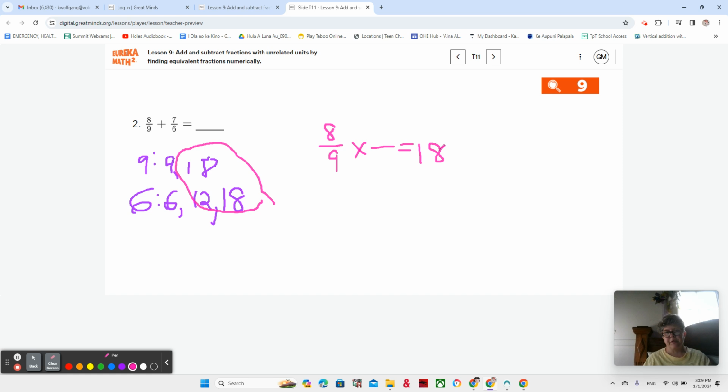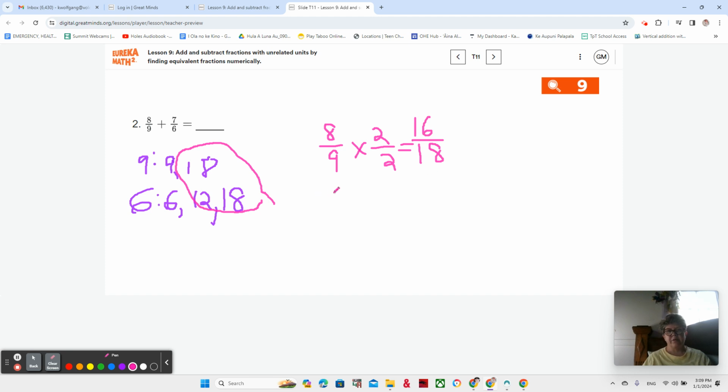We're going to change them both to 18 because they can both be changed to 18, right? Then we can set it up like this. We can say 9 times something is going to be 18, and 9 times 2 is 18. And if you didn't know that, when you list your multiples, this is 9 times 1 and this is 9 times 2. So it's your second multiple, so it's going to be 9 times 2. And we always do the same to the top and the bottom, and 8 times 2 is 16.